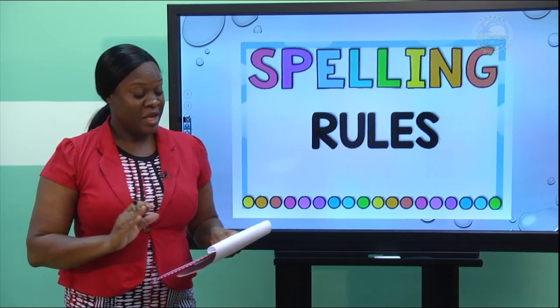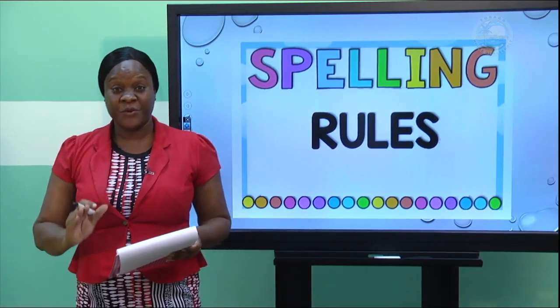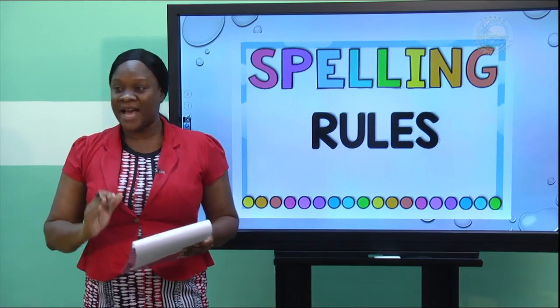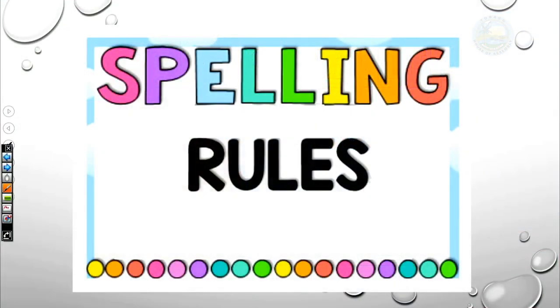Listen again. When the suffix full, F-U-L-L, is added to a word, what happens next is really absurd. Can you tell me what happens when the suffix F-U-L-L is added to a word? Are you ready? Let's go.